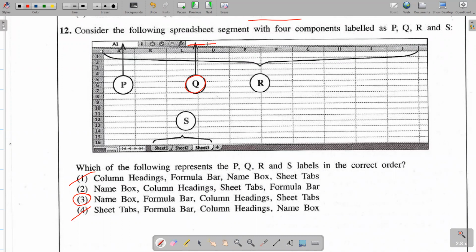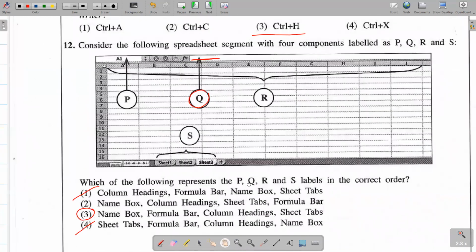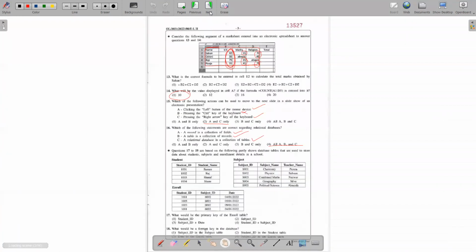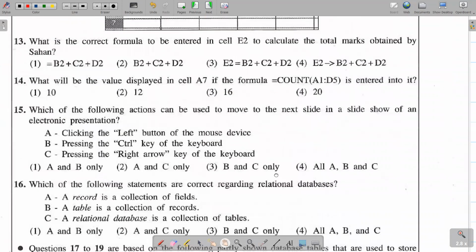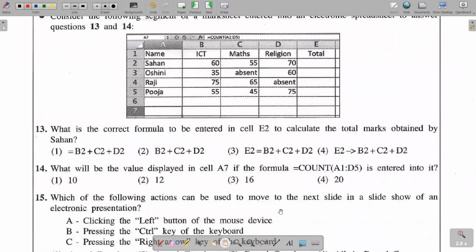12th. Okay, then 14. Okay. So it is asking what will be the value displayed in cell A7? Cell A7 means this. If the formula equals COUNT(A1:D5).